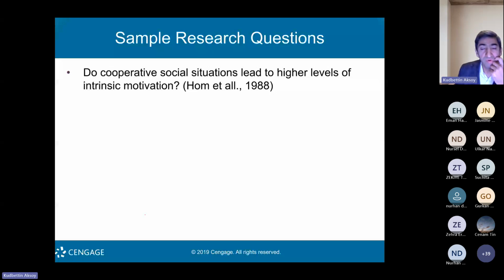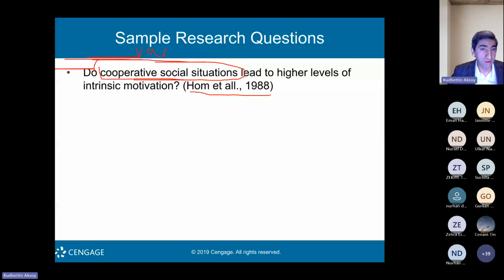Finally, I brought some actual research, some not usual ones. So here is a research problem. Do cooperative social situations lead to higher levels of intrinsic motivation? Cooperative social situations is one variable. Now think about this variable. Is it a categorical variable or is it a numerical?